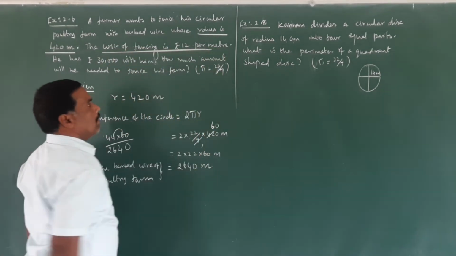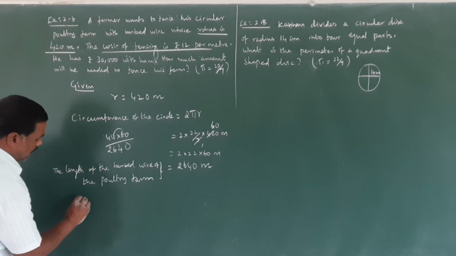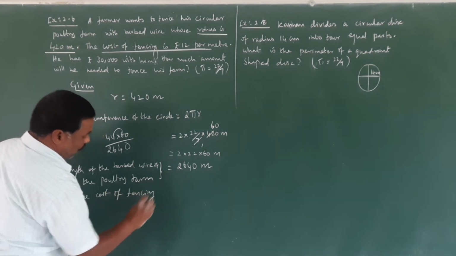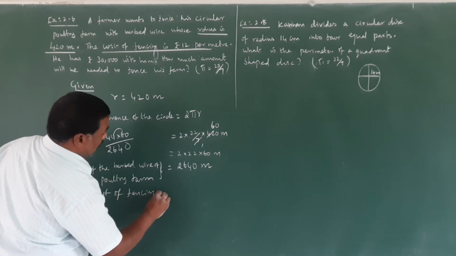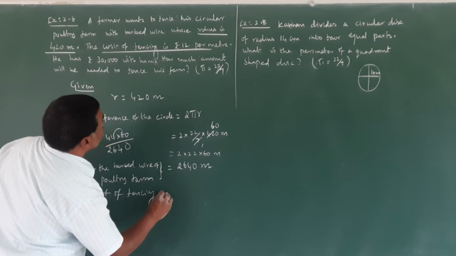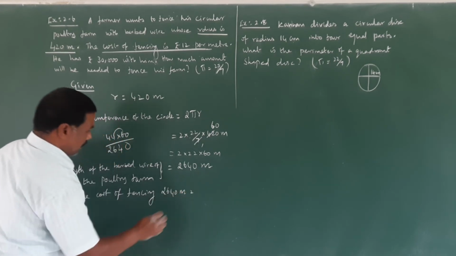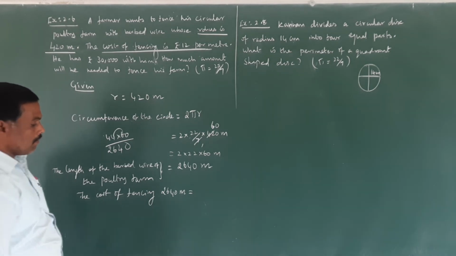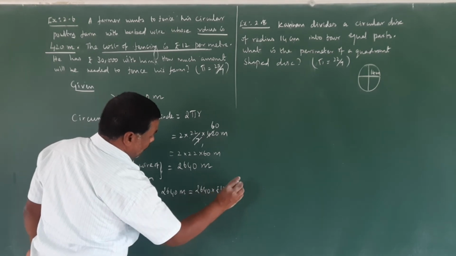The cost of fencing per meter is 12 rupees. 1 meter is 12 rupees, which means the cost of fencing 2640 meter is equal to 2640 into 12 rupees.